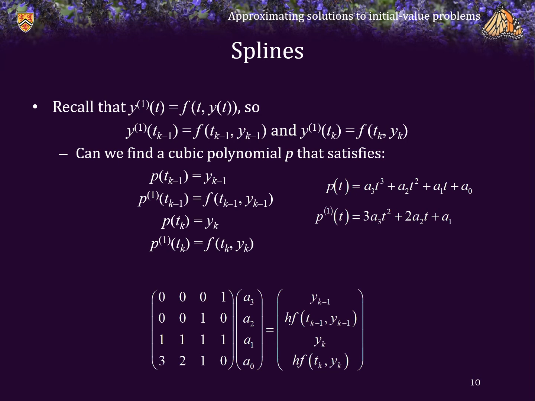Because we are shifting and scaling so that the points are not t_{k-1} and t_k, they're 0 and 1 to minimize error. However, that's the derivative at 0. Then we see the value of the function at 1 and the derivative at 1.